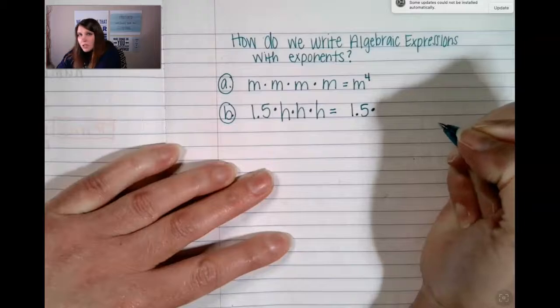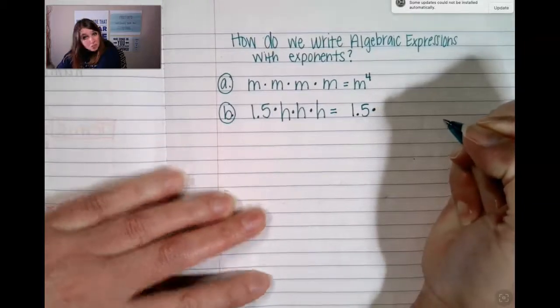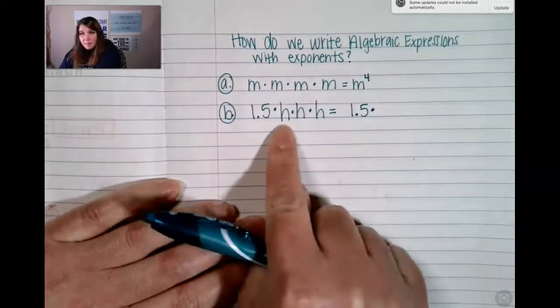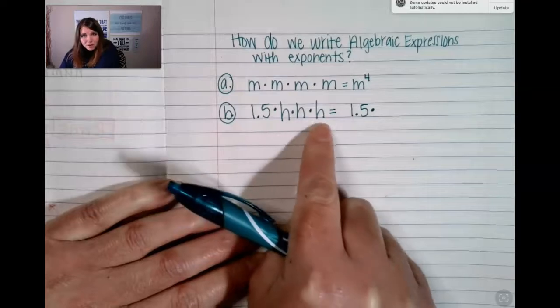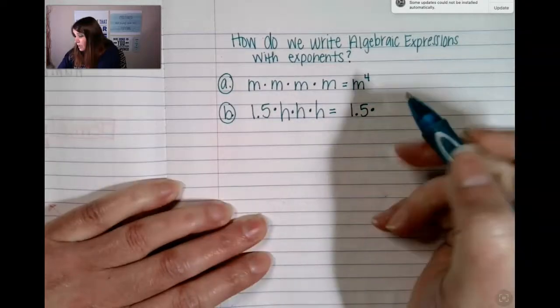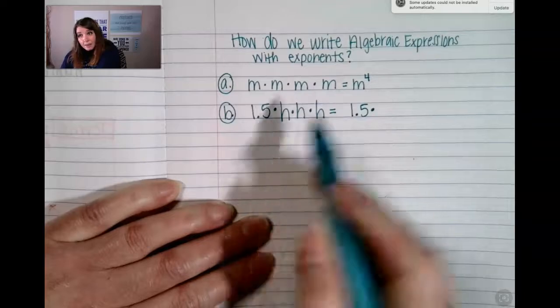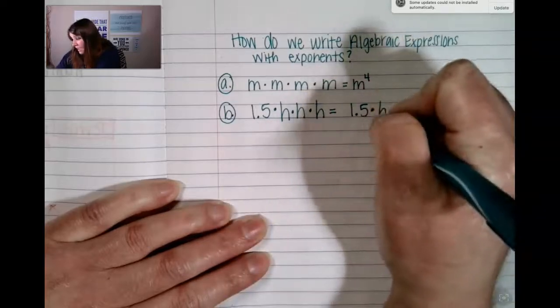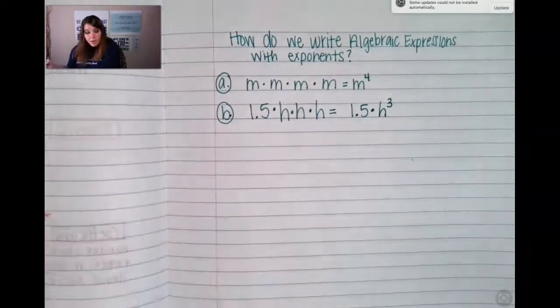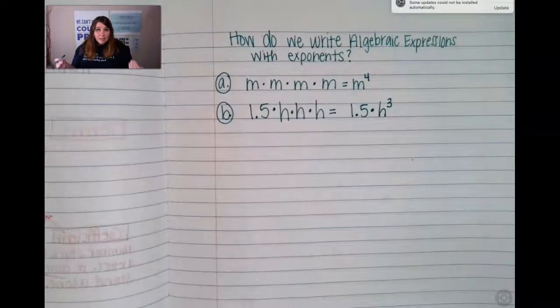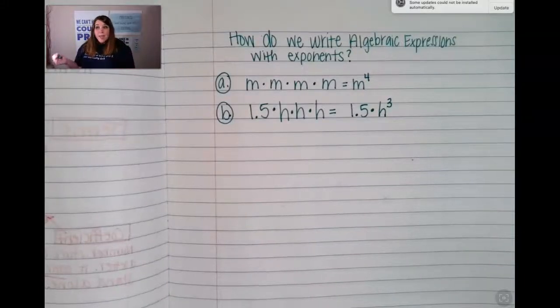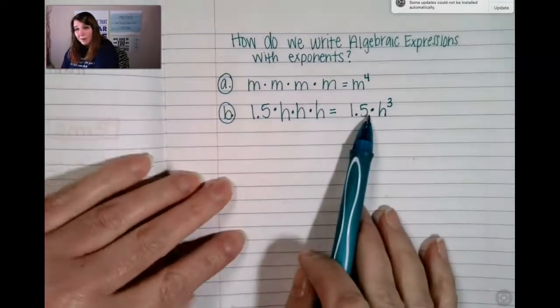Well, those H's are not 3's. They're H's, right? So it's all about the H, about the H, about the H, 3 times. So instead, it's now 1.5 times H to the 3rd. We don't know what H is yet. Eventually, they will tell us. Now, in math, we don't even have to use the little dot.